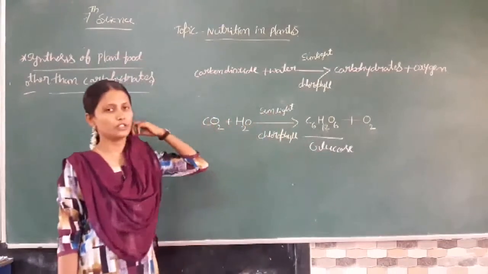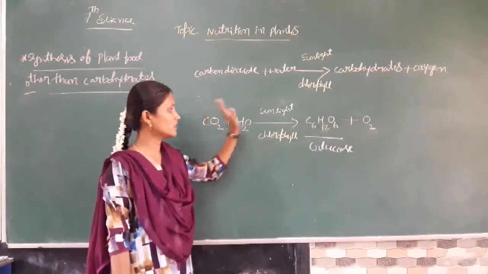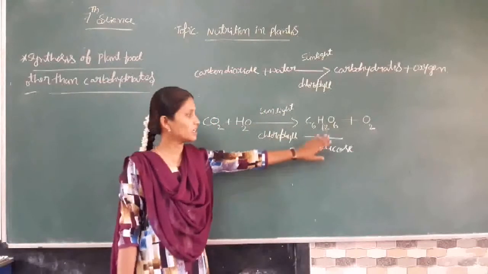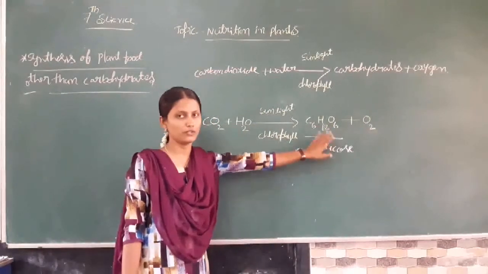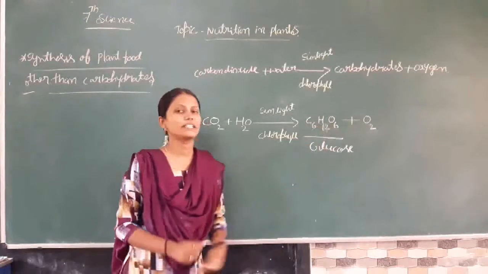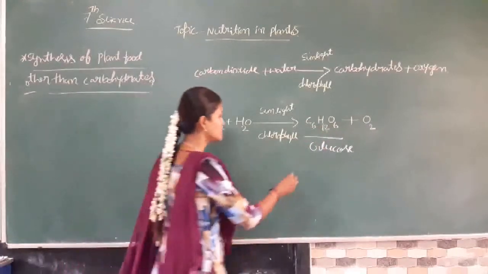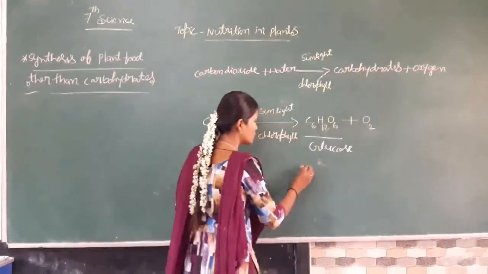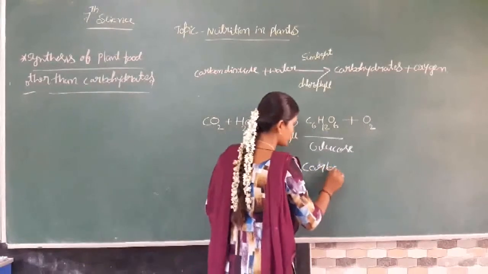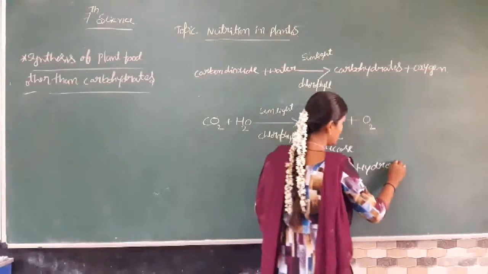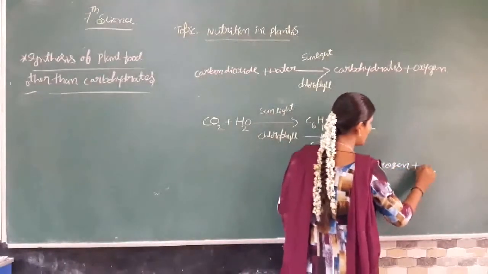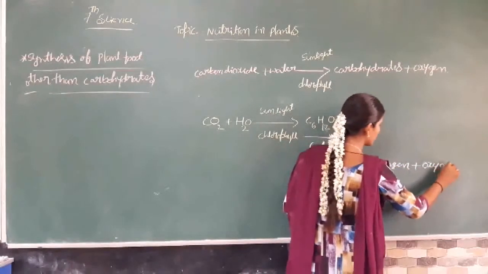Now you may ask: during photosynthesis carbohydrates, that is food, are formed. Then what are they made up of? Carbohydrates are made up of carbon, hydrogen and oxygen.